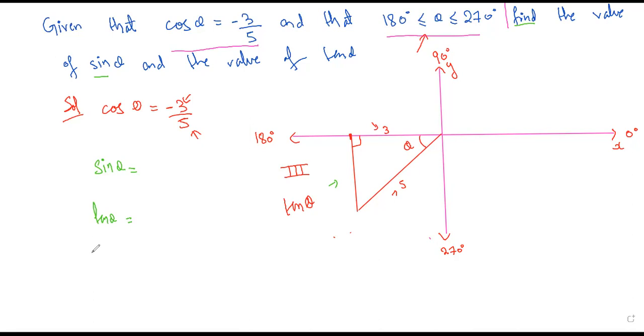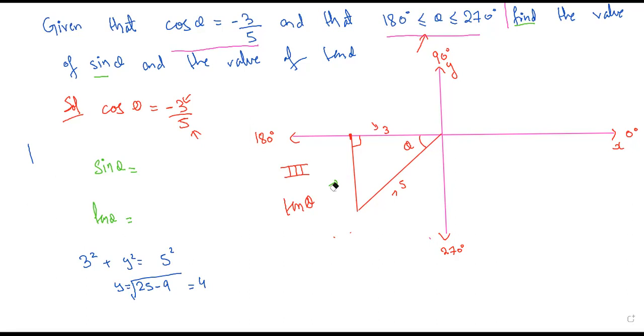So it would be 3 square plus y square equals 5 square, and y is going to be the square root of 25 minus 9, which is the square root of 16, and this will give us 4. So this side is 4.